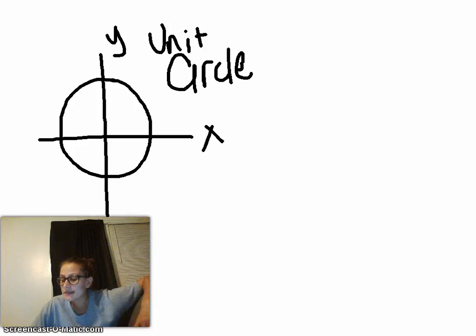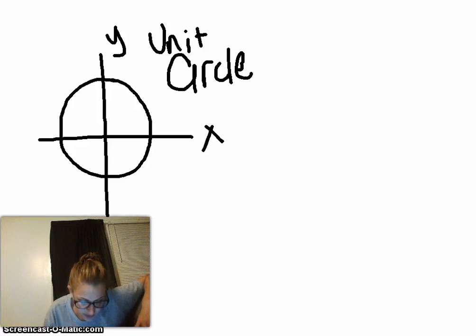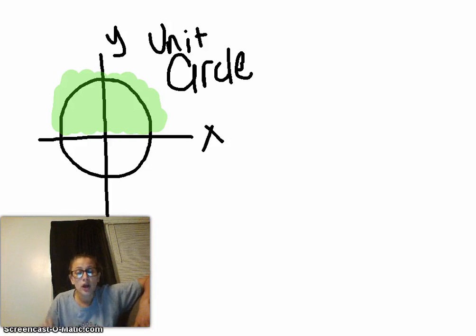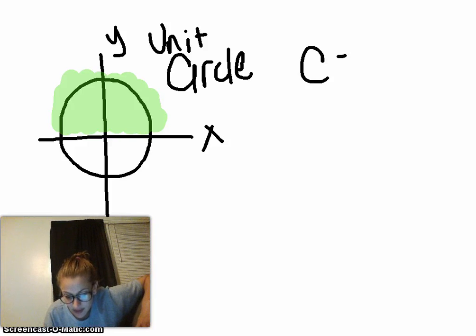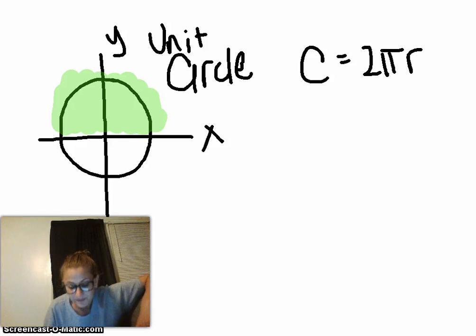And let's see, what do we know? Well, first, I'm not even going to look at the whole unit circle. How about I just look at half of it? I'm just going to look at the top half. If I wanted to know the arc length of the whole circle, that would give me the circumference equals pi times diameter, or we can write that as 2 pi r.